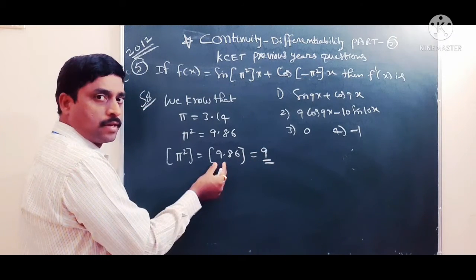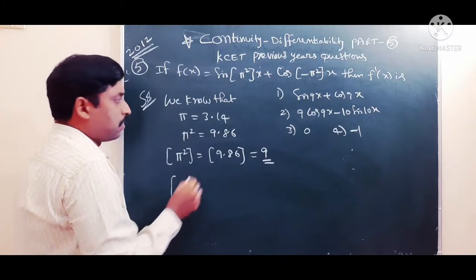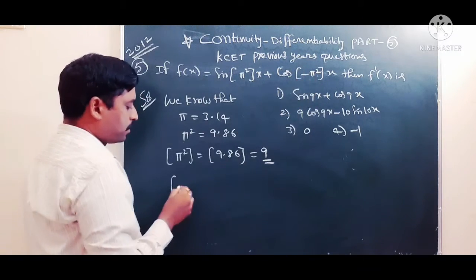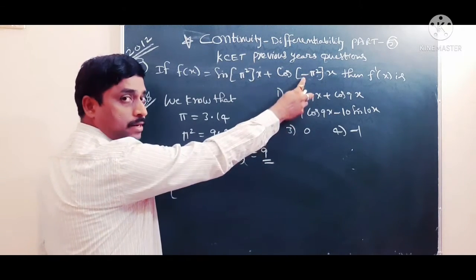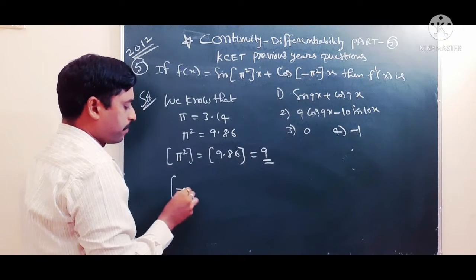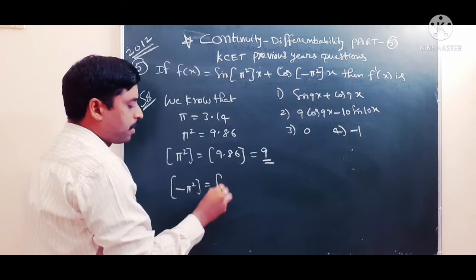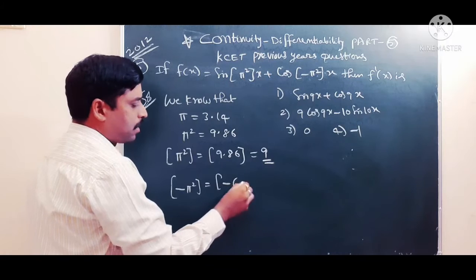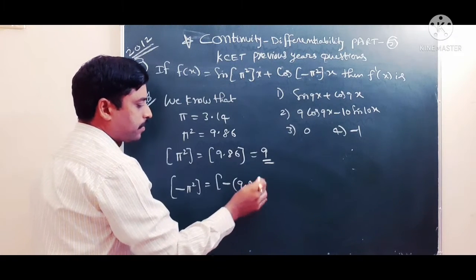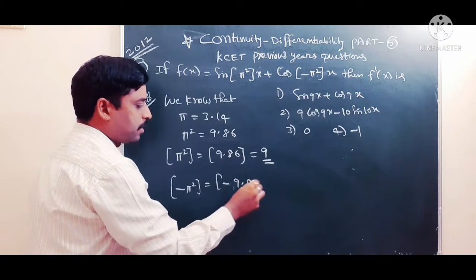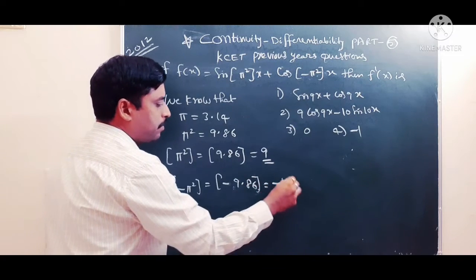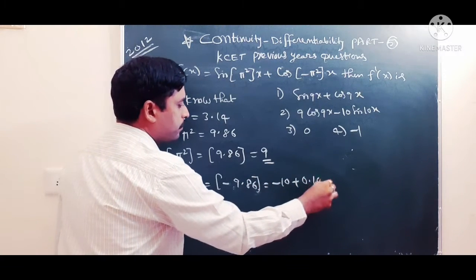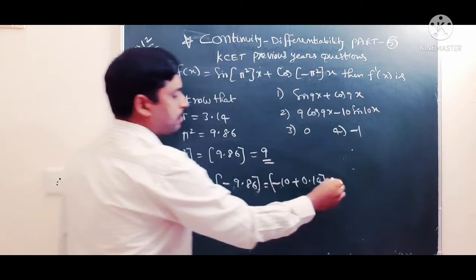In this, the integer value is 9. So now we have to find the integral part of minus pi square. So this will be minus 9.86. Minus 9.86, so this will be minus 10 plus 0.14. In this, the integer value is minus 10.